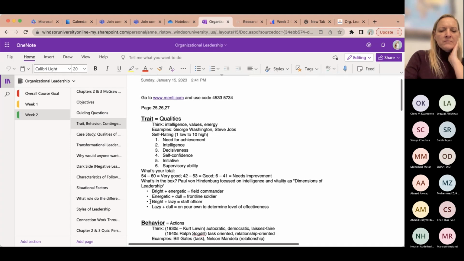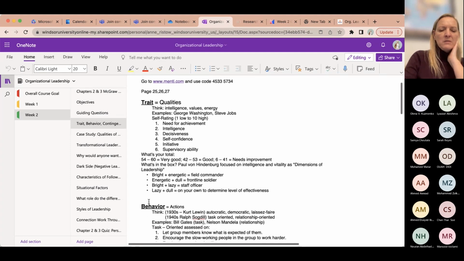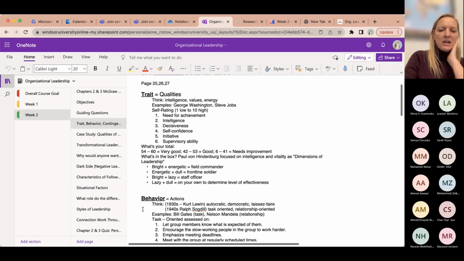Then when we went into behaviors, people who take action, it's interesting that the definition of this has been evolving over time, but modern-day examples would be Bill Gates for actions based off of task, and Nelson Mandela for actions based off of relationship.